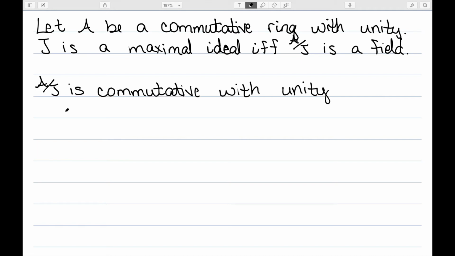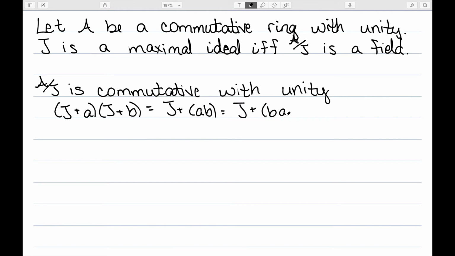The first thing I want to show: I know that A mod J is a ring, so I want to show it is a commutative ring with unity. Let's start with J plus A times J plus B. By definition, this is J plus AB. Since my ring is commutative, I know that's the same thing as J plus BA, which by definition is J plus B times J plus A. So it is commutative.